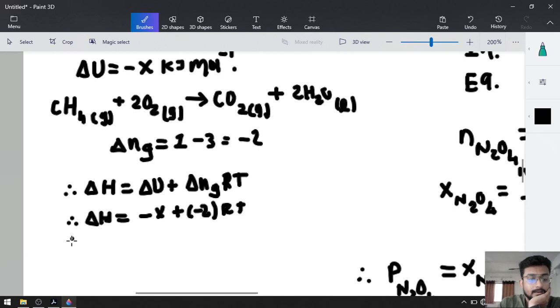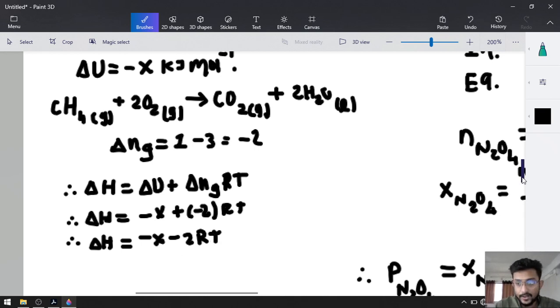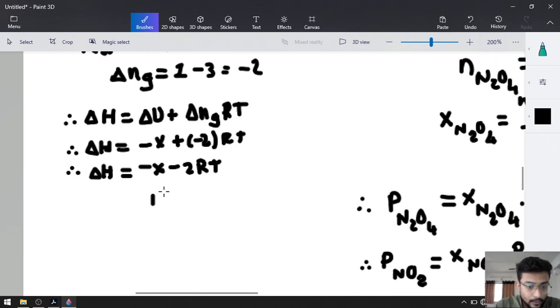That's why delta H will be equal to minus x minus 2 RT, right? Now look at this. Suppose x is equal to 16 kilojoule, so minus 16,000 will be there, and minus 2 RT. So you are making delta H more negative, and if delta H is more negative, the value will be less, and a less negative value will be more.